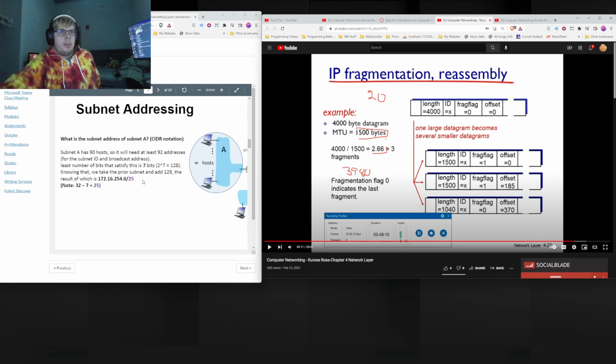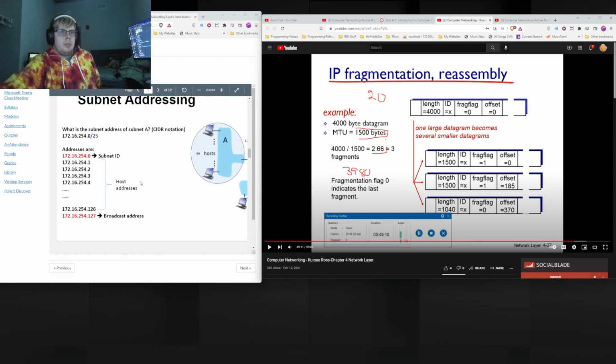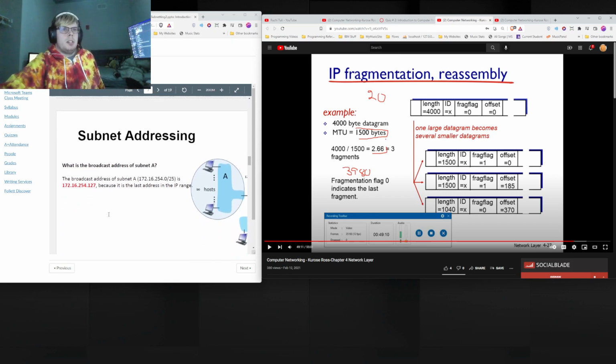So, okay, that's how it works for A. The subnet ID, the broadcast address is always, for subnet address A, the broadcast address is 0.